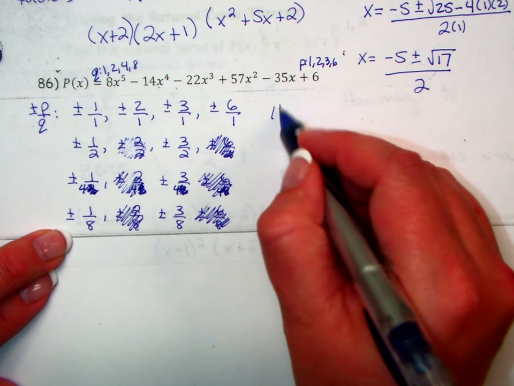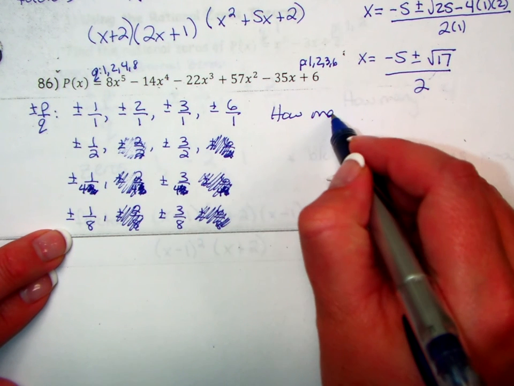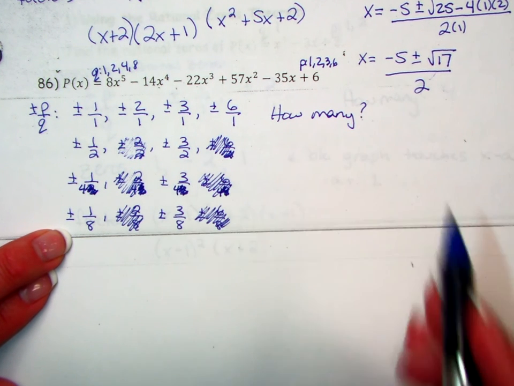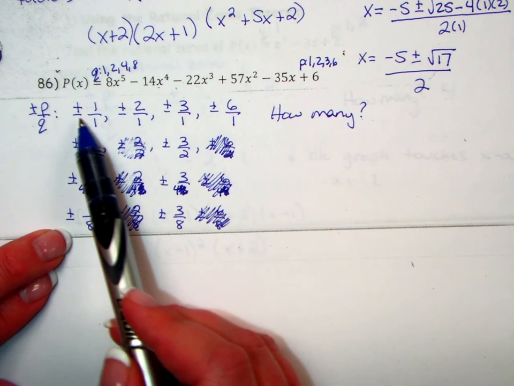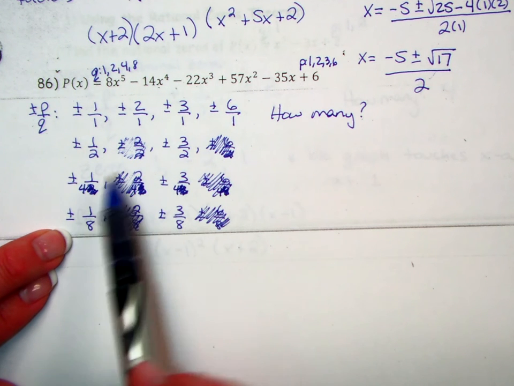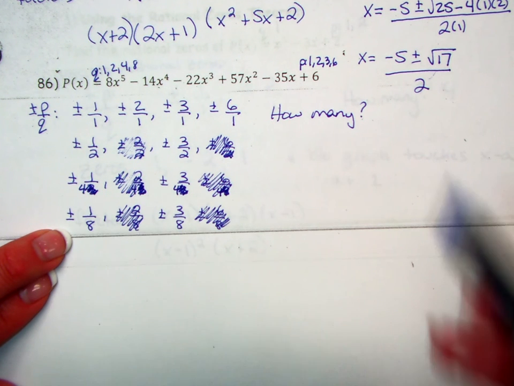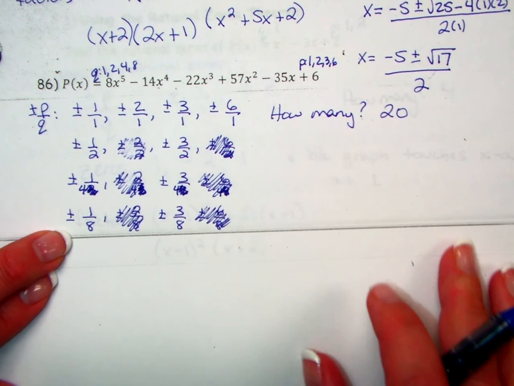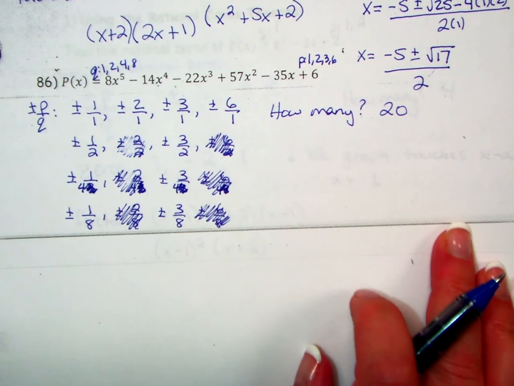Right? So if we were to ask the question, how many are in this list? 2, 3, 4, 5, 6, 7, 8, 9, 10. Doubled. Okay, there's 20 possible rational zeros.